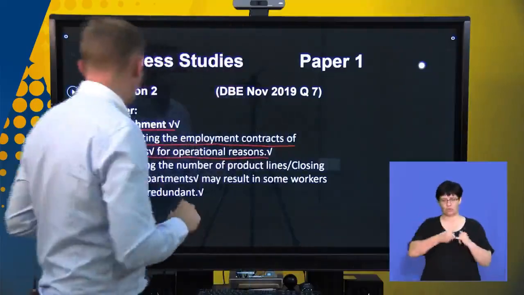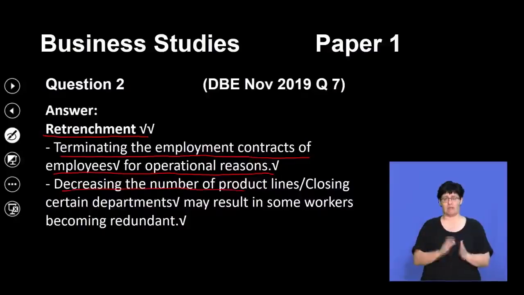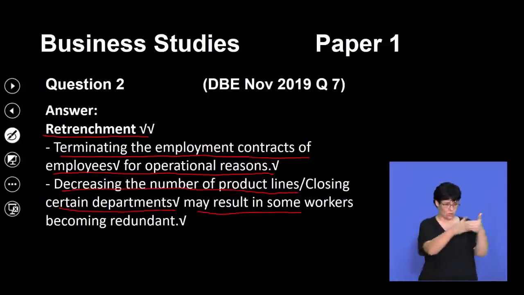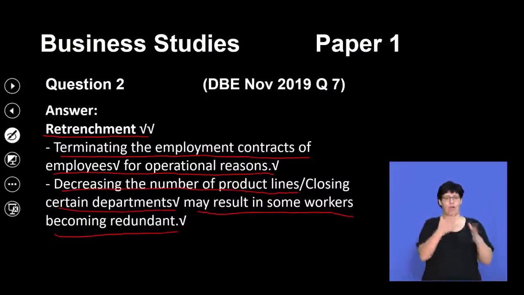It's not a very nice thing to go through for either the company or the relevant employee. So apart from liquidation, it's like a final resort that you want to go through. We can decrease the number of product lines or close certain departments, and it may result in some workers becoming redundant.